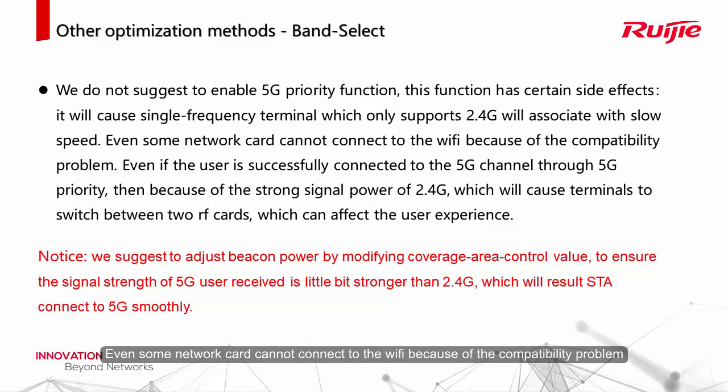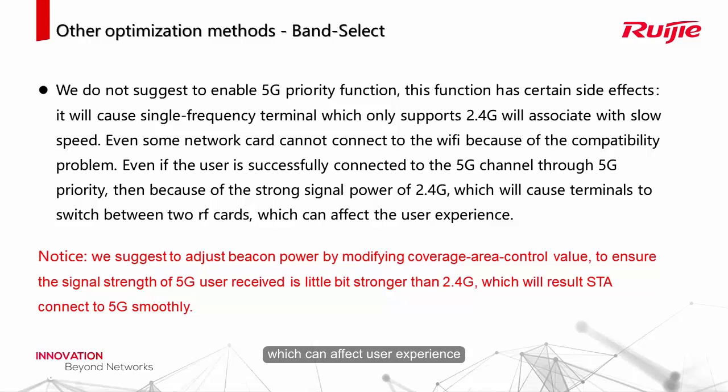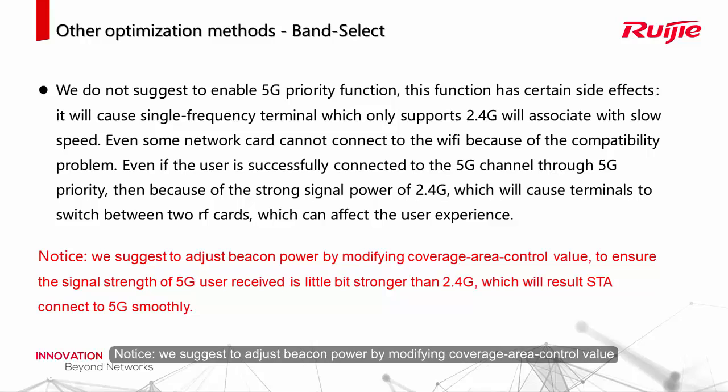Even some network card cannot connect to the Wi-Fi because of the compatibility problem. Even if the user is successfully connected to the 5G channel through 5G priority, then because of the strong signal power of 2.4G, it will cause terminals to switch between two Wi-Fi cards, which can affect the user experience.